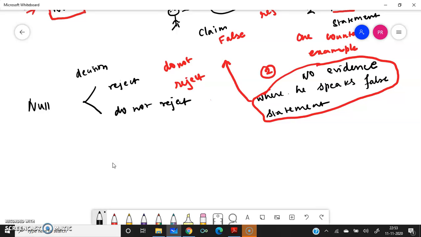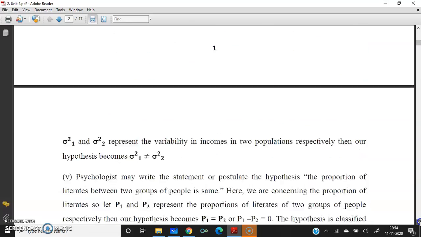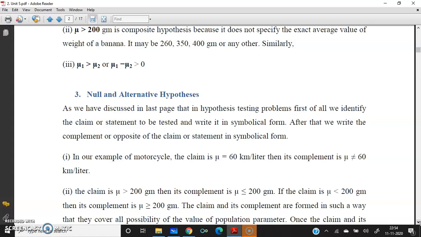Okay, so first we will try to understand what the null and alternative hypothesis are. I'll just show you. We have discussed on the last page the hypothesis testing problems.